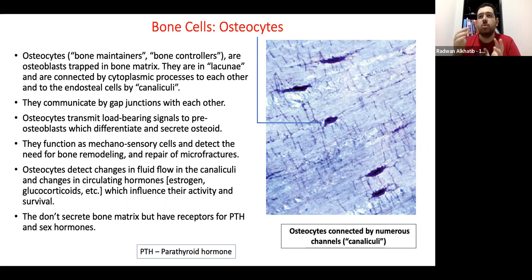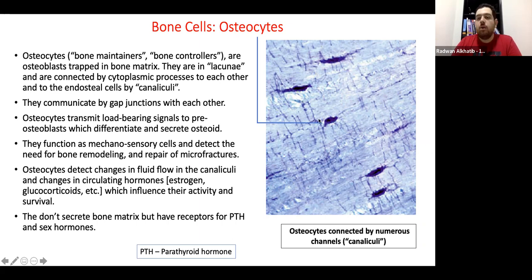The remodeling process will be so weak because there are no osteocytes sensing increase in pressure. So the bone will, day after day, start degenerating. And that's very common. This bone degeneration is very common in people who are chronically hospitalized for very long periods of time. So that's what we mean by mechanoreceptors, okay?